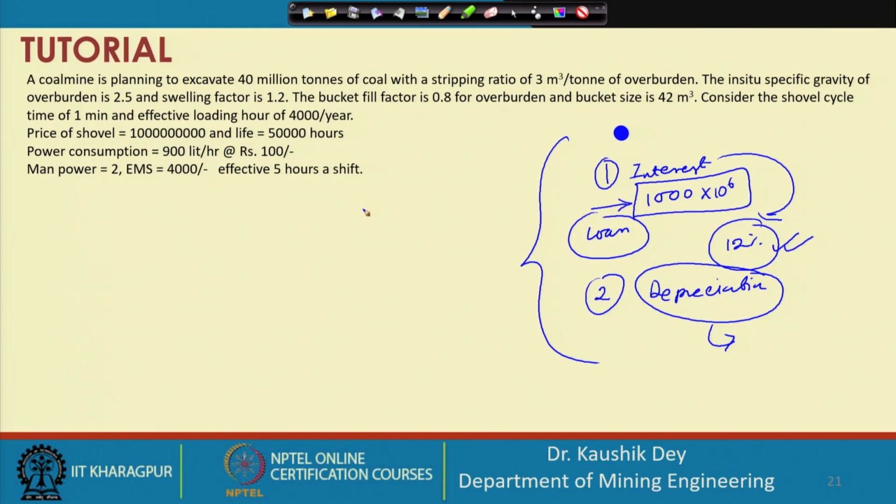Second is that we have seen the main component is the fuel, which is coming around say 1 lakh rupees, and in general the 5% of the fuel cost is considered as the lubricant cost. So, that is also significant one. So, 5,000 rupees has to be added for that.